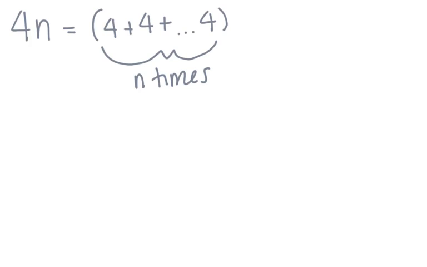This would mean that we are going to be writing 4 plus 4 plus dot dot dot 4, n times, because 4n means that you are adding 4 by however many times n is. That's not the same as the last example, because in the last example we were multiplying. In this example we are adding. So 4 represents the addend that will be repeatedly added to itself, and n represents the number of times 4 will be added.